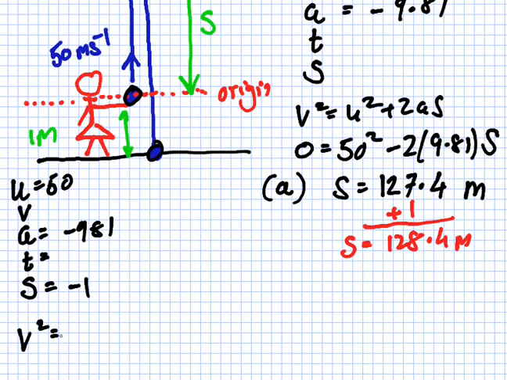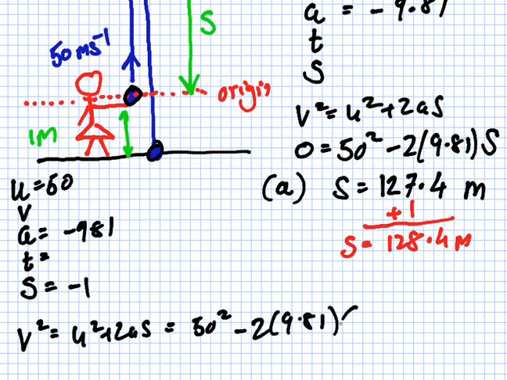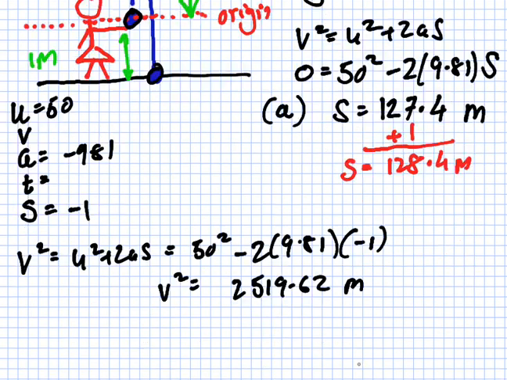V squared equals U squared plus 2AS, which equals 50 squared plus 2 times 9.81 times 1, which is 2519.62. So V equals 50.2 meters per second about.